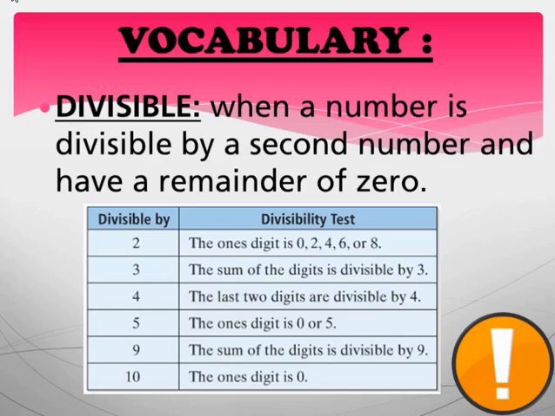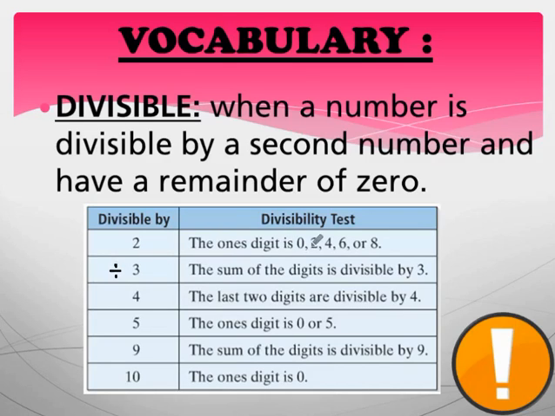They are all even numbers. To be divisible by 3, the sum of all digits will be divisible by 3. In other words, we're going to be able to divide that number by 3 to figure out if it's divisible by 3. That is what divisible means.